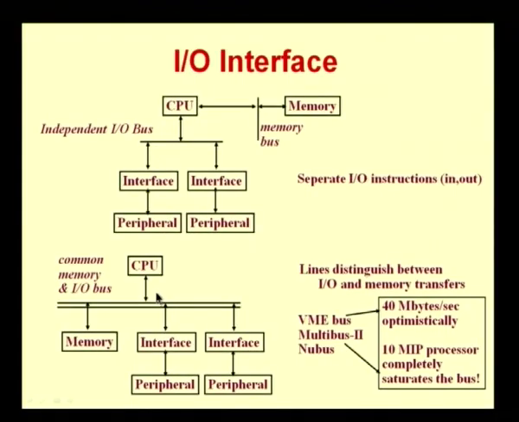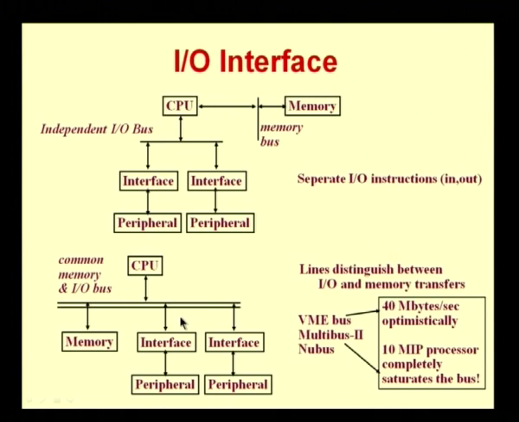In this case you can still have an independent IO address space, with a special line indicating whether it is a memory address or an IO address, but you have a common bus shared by the memory devices and the IO devices. Now, if it is memory mapped IO, then typically this configuration will be used, that is, you will have a common address bus used both by memory as well as by the IO devices, and after all it is a common address space.